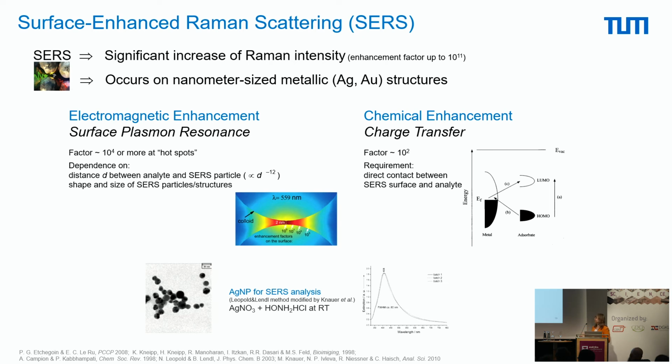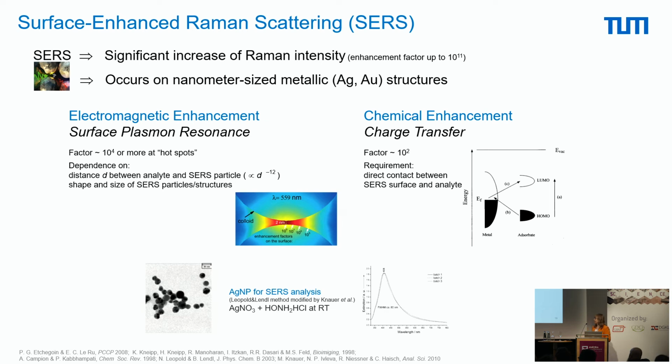For electromagnetic enhancement, we need our analyte in close proximity to the SERS surface because the effect will decline rapidly with the distance. For the chemical enhancement, we need direct contact of nanoparticles and our analyte.